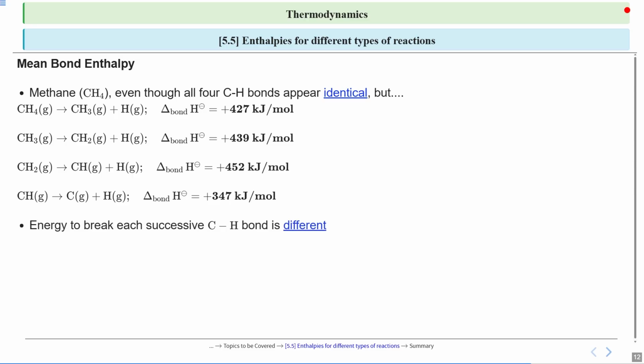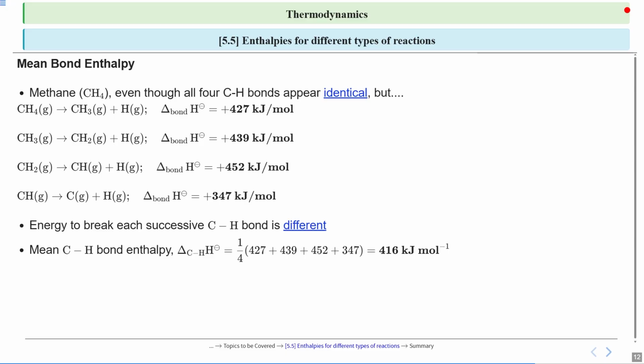Now the question arises, what is the result of the different bond dissociation enthalpy that we get for the successive CH bonds? The result is that, if you want to calculate the bond dissociation enthalpy, rather than taking one value, we take the average of all of these.